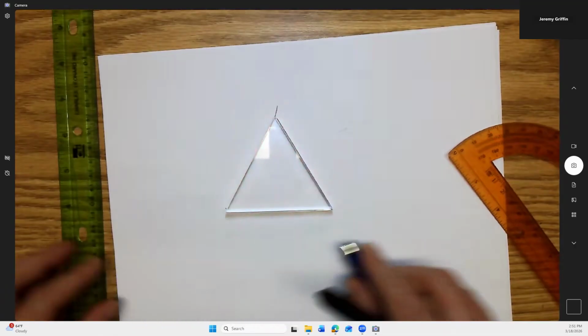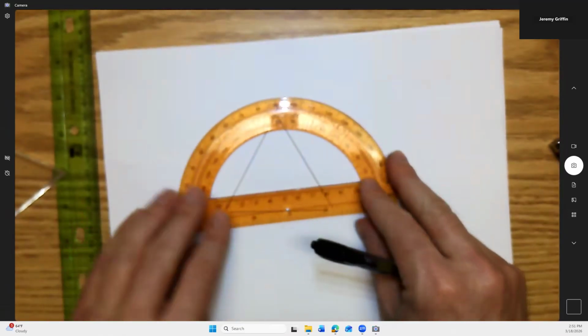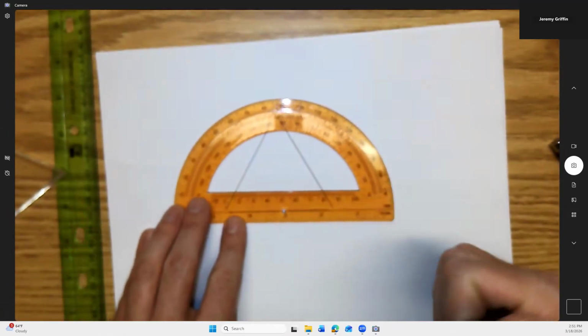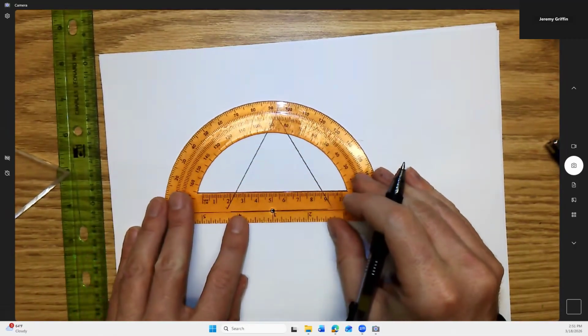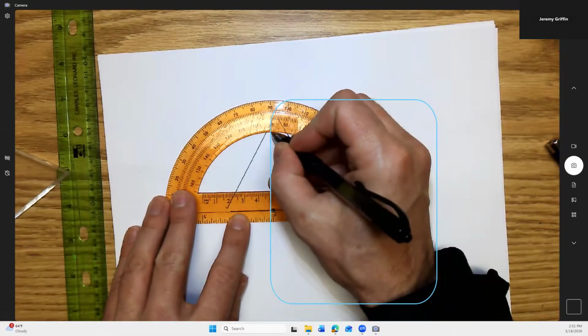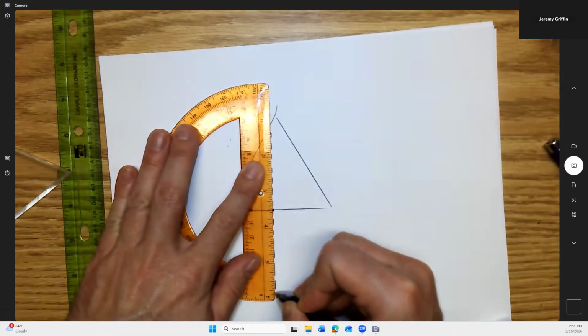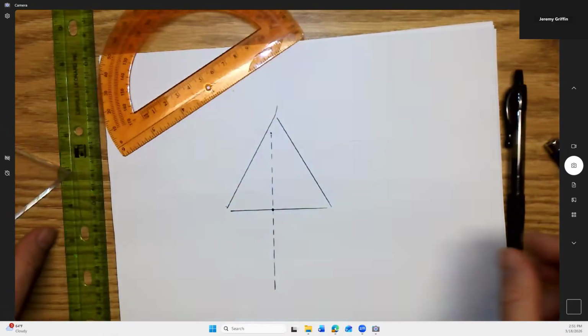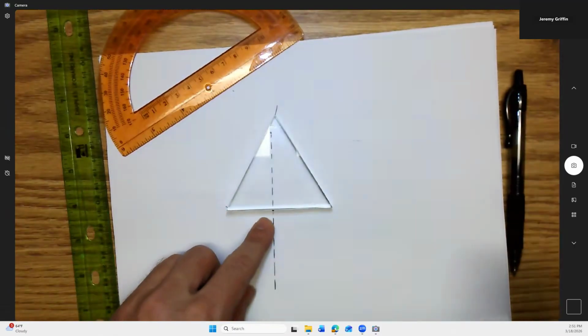Okay, so I need to get a normal line, and you guys each have a protractor. So here, let's say I aim the laser at this point right here, and I'm going to measure 90 degrees from that point. There's 90 degrees, and sketch off a normal line. Then put my triangle piece back in place, and aim the laser straight at that point.